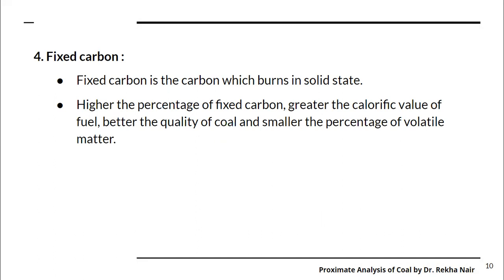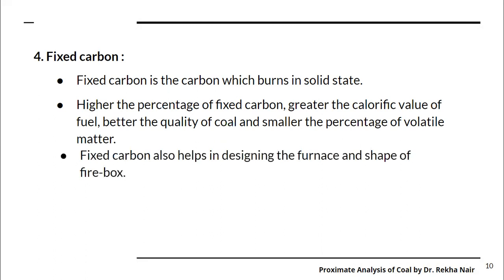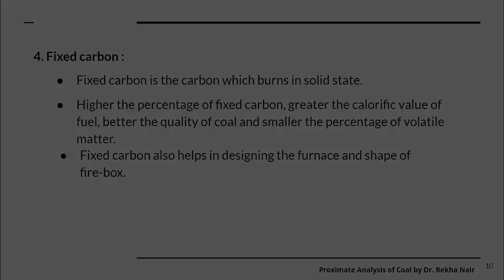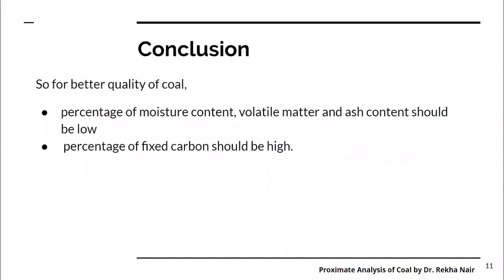So we can say that a smaller percentage of volatile matter and a high percentage of fixed carbon will lead to better quality of coal. Fixed carbon also helps in designing the furnace and shape of the firebox. So we can conclude that for better quality of coal, the percentage of moisture content, volatile matter and ash content should be low, whereas the percentage of fixed carbon should be high.